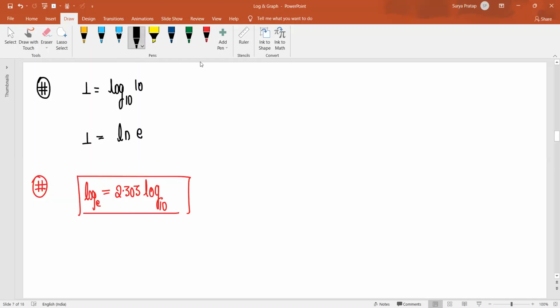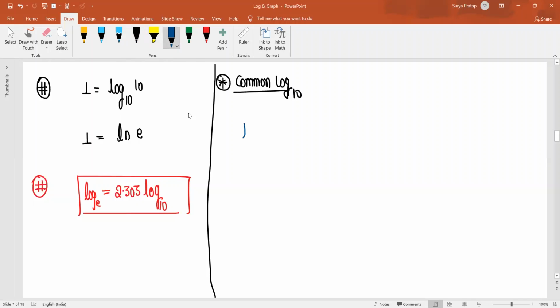I want to give you some more tricks about it. If any terms are in the form of common logs, meaning log base 10, always remember 10, and the number of zeros is its value. So the common log of 100 has the value 2 because there are 2 zeros.